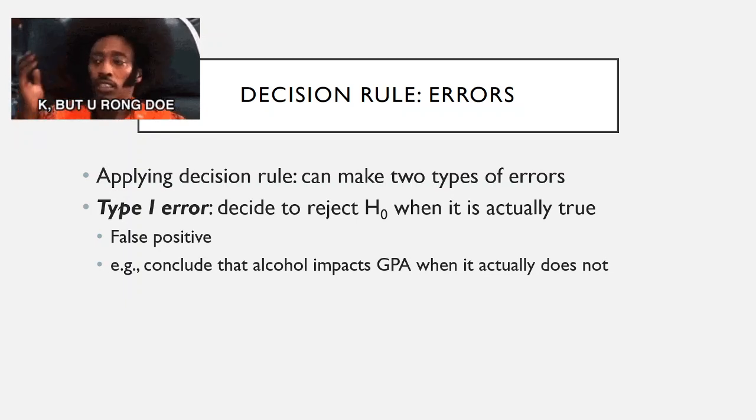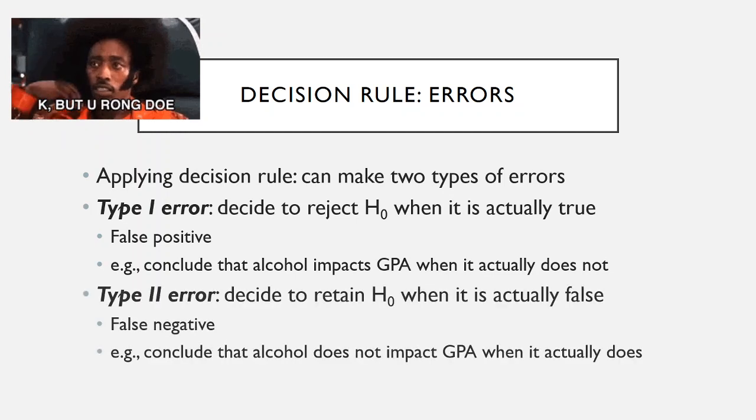So we really don't like making type 1 errors. When we declare that we've found an effect but we're wrong, that's pretty bad. That's like we get something published and then we have to retract it later, level bad. We really want to minimize the likelihood that we're going to make this particular kind of error because it's got a little bit higher stakes to be wrong in this direction.